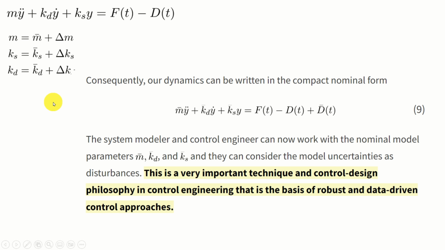The system modeler and control engineer can now work with the nominal model parameters M bar, Kd bar, and Ks bar, and they can consider the model uncertainties as disturbances. Again, the model uncertainties in this representation are considered as disturbances. And this is a very important technique in control design philosophy, in control engineering, that is the basis of robust and data-driven control approaches.